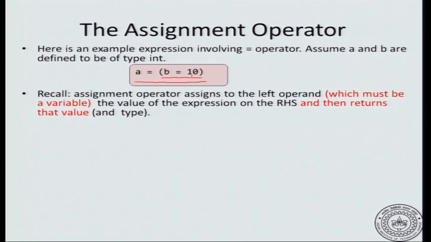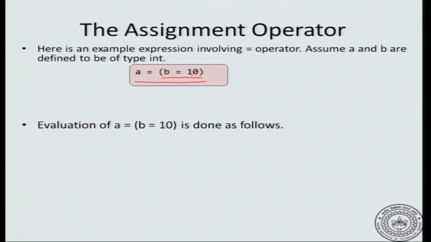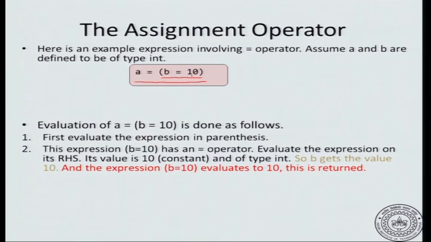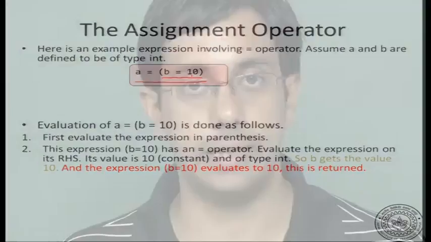Okay. So we can now analyze a equal to b equal to 10 as follows. First, evaluate the expression in parentheses. The expression b equal to 10 has an assignment operator, so evaluate the expression on the right hand side and then assign it to B. Now that expression returns a particular value which is 10.